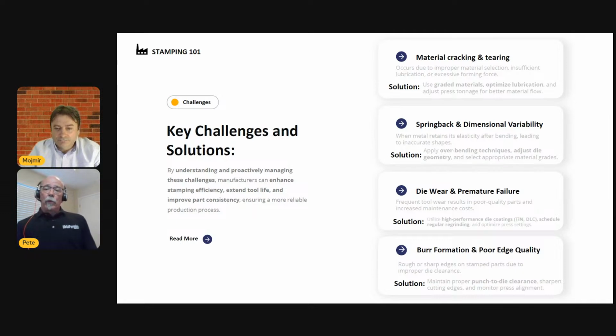So as the tooling begins to heat up, what do we know about metals when we heat up a metal? It expands, right? So if our die sections are expanding, what might be happening to our cutting clearances and our forming clearances? They might be getting reduced.